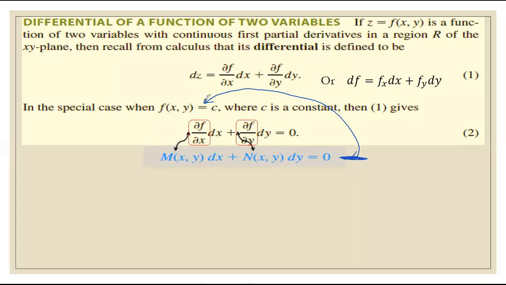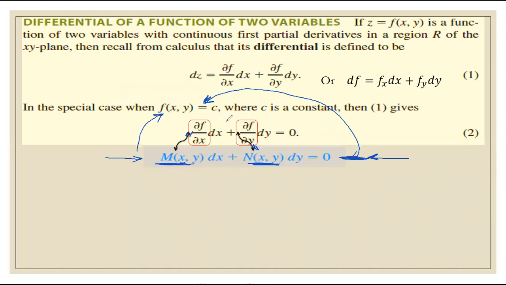And by the way, if I ask you to solve this equation, that means I need you to find the f which satisfies this equation, such that m is its partial derivative with respect to x, and n is its partial derivative with respect to y. Okay? So the idea of today's lecture is how to go from the differential equation into f.